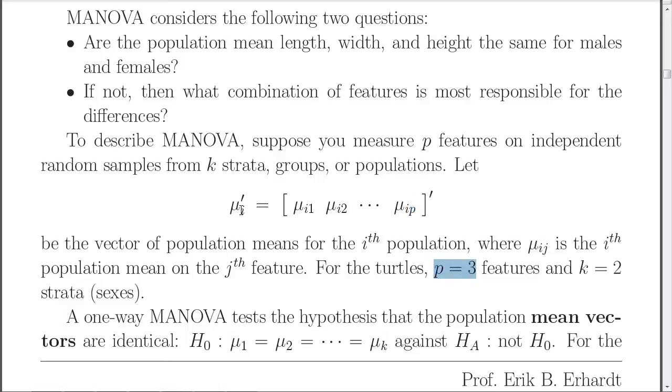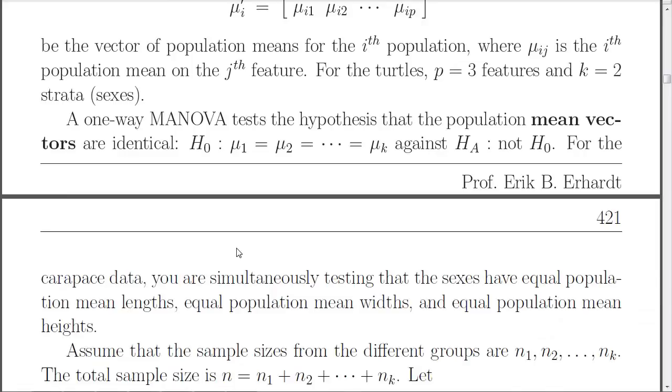And so mu1 is going to be the mean for the length, width, and height for group 1, which is females. And then mu2 will be for males, the mean length, width, and height for males. Then we ask the null hypothesis, which is whether all the means are equal to each other.